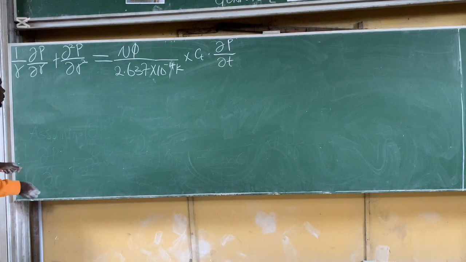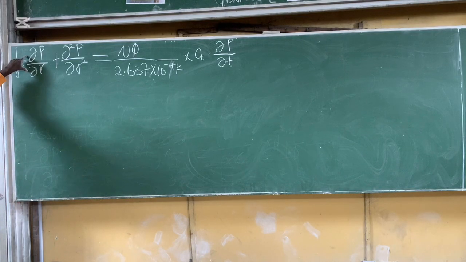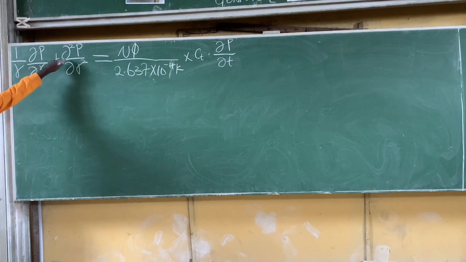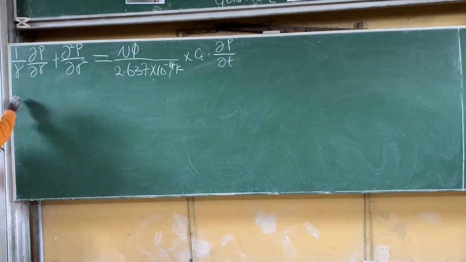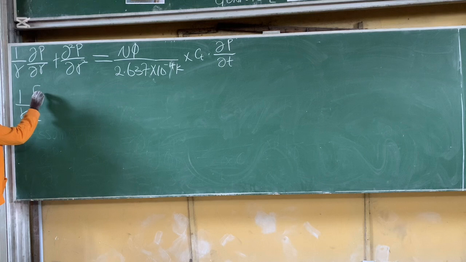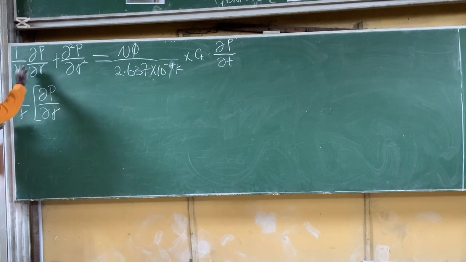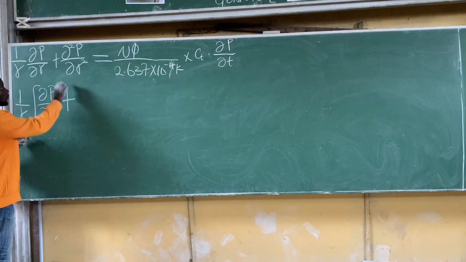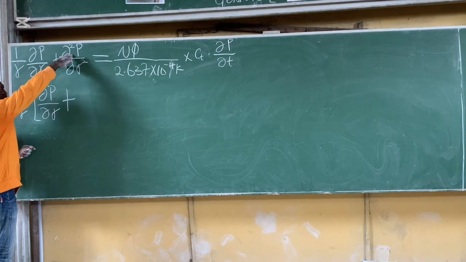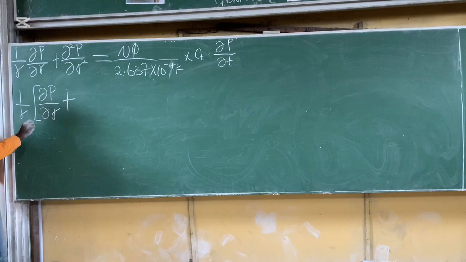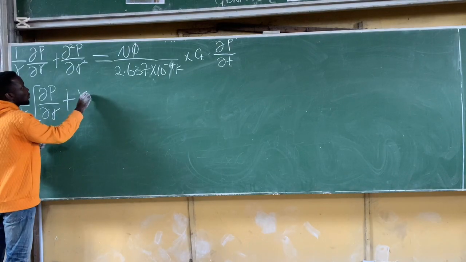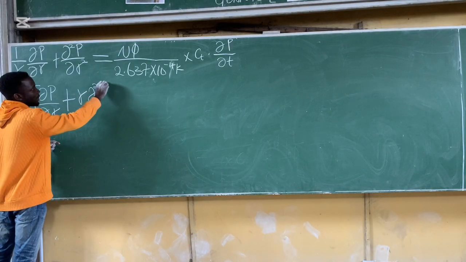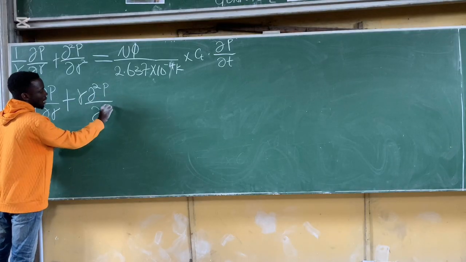So from here now, let's factor out 1 over r from these two equations. If we factor out 1 over r, we are going to have dp divided by dr. There's no 1 over r there. Plus, if you look at this now, there's no 1 over r here. So if you factor out 1 over r, we are going to have d²p divided by dr².